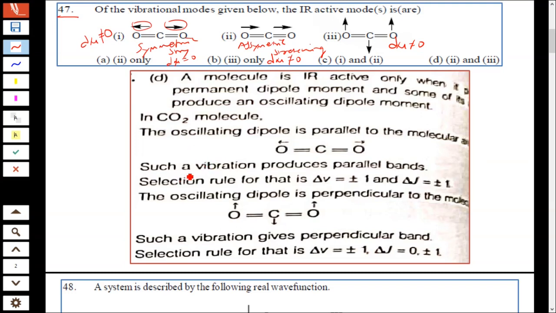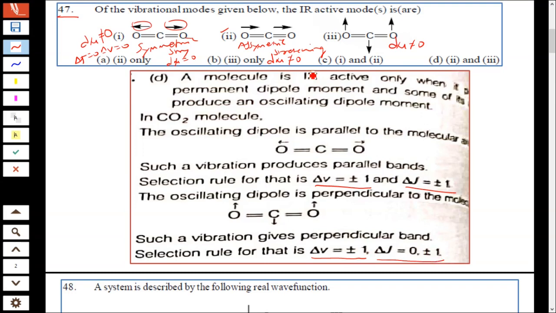So for point number 2, the selection rule is delta V equal to plus or minus 1, delta J equal to plus or minus 1. For point number 1, delta V equal to 0 and delta J equal to 0. For the third vibration, delta V equal to plus or minus 1 and delta J equal to 0, plus or minus 1.